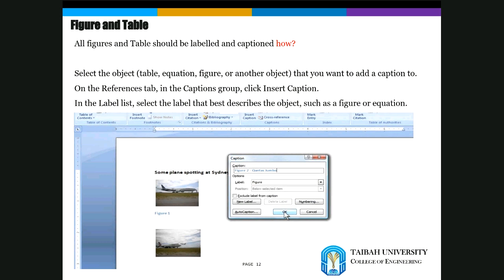That's good, but nothing in the contents refers to them. I don't know what the figure is about, and why it's important to this project. So if you have figures or tables, first label them, and then write some information about them.